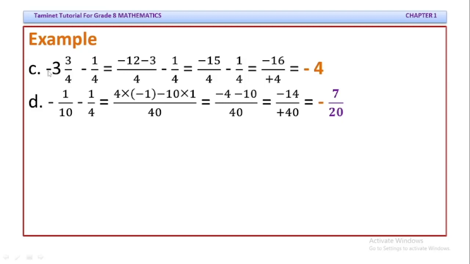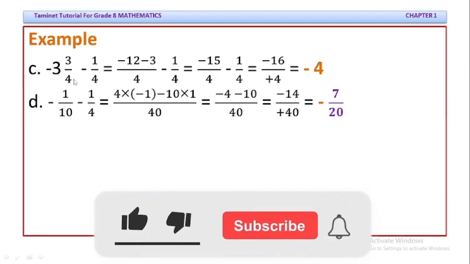But this is negative, so this is negative 15 minus 1 over 4. So take the denominator, positive 4. The numerator is negative 15 minus 1, which is negative 16. So negative over positive is negative. 16 over 4 is 4. So this is the difference of the two given rational numbers.